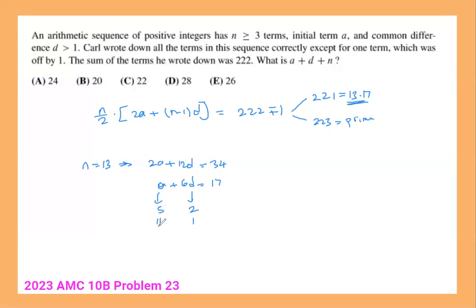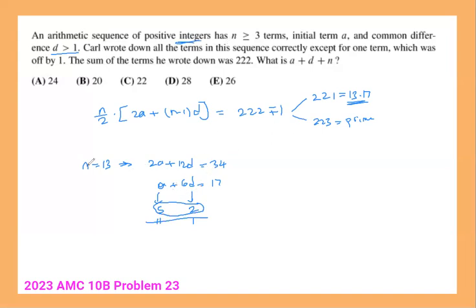But if I go with 11, let's see if this is going to work out. When you have 11 for your first term, you can take a look at n over 2 times this, which will be 22, n was 13, that will be 12 times d, but actually that doesn't work, and there's no need to check because we are told d is larger than 1. That means the other one is the only integer value that works, which is what we are looking for.